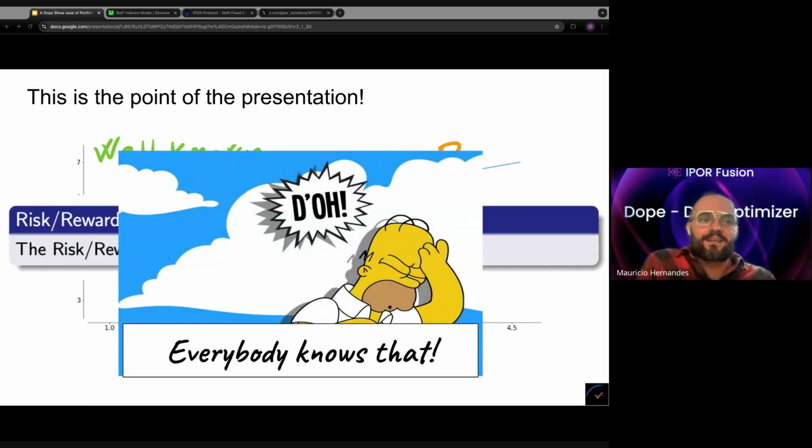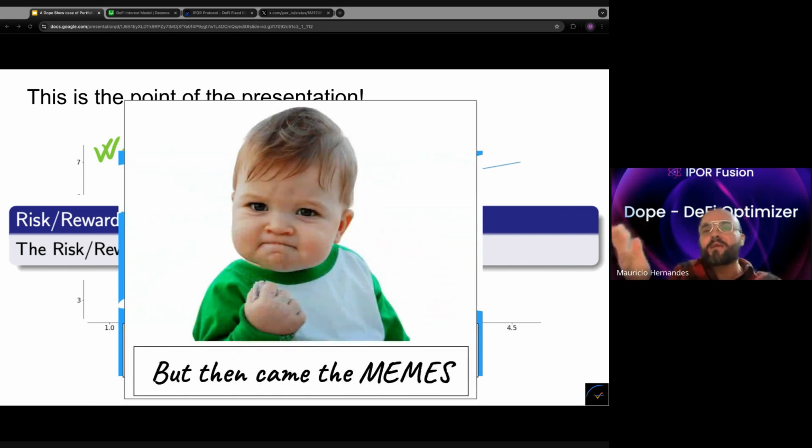And I say, yeah, it should work, but then all the memes came, and that really messed everything up. If you remember what happened in 2024, one of the narratives was the point system, right? How you get points by staking on different protocols. It was a nightmare for modeling that stuff. In a way, points are the antithesis of modeling. It's just this cat and mouse game.